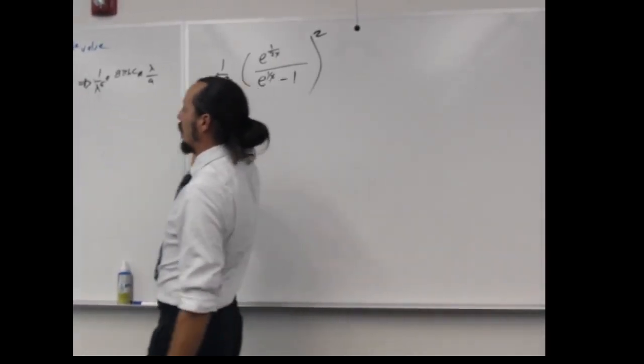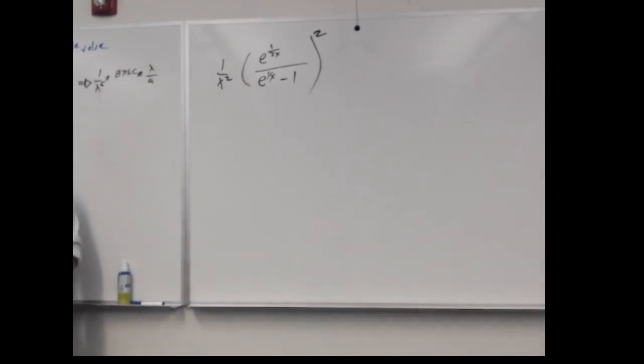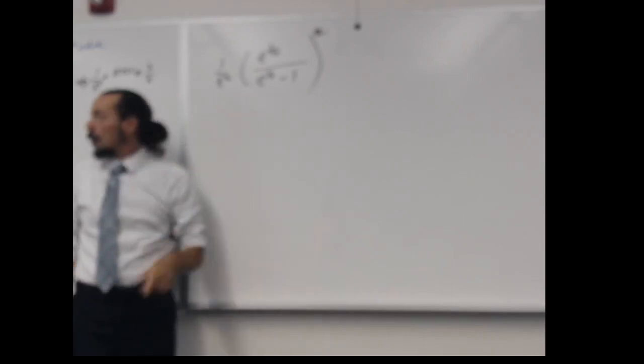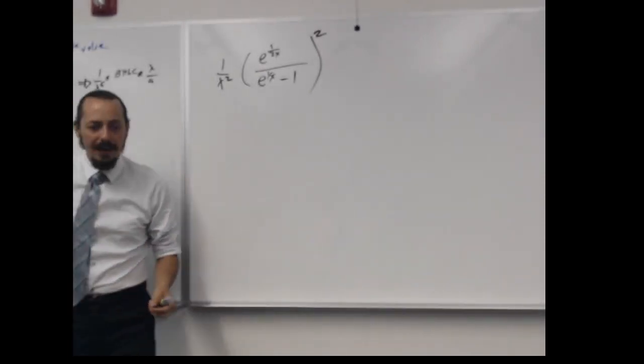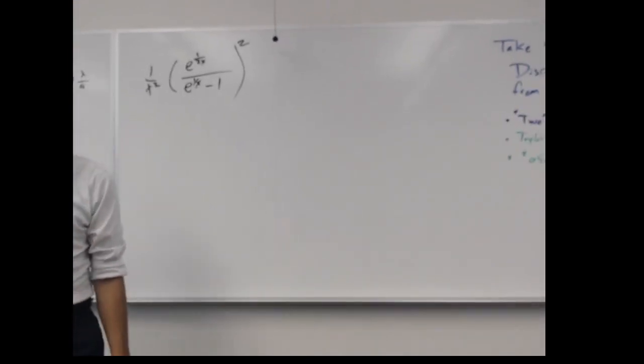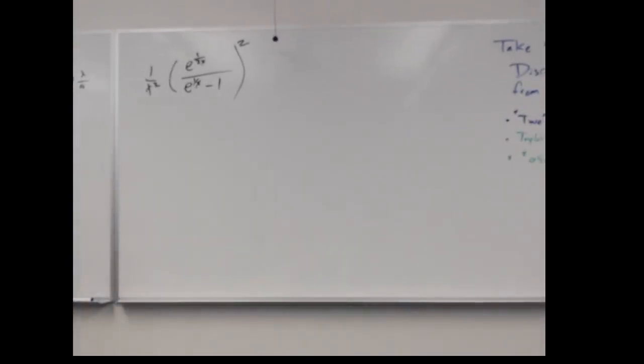You get something with a 1 over a power out front, and an e to the 1 over x minus 1 term inside a parenthesis on the bottom. So you end up getting these similar mathematical systems because they're using the same kind of principles.